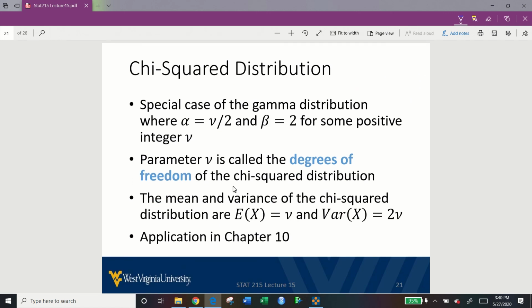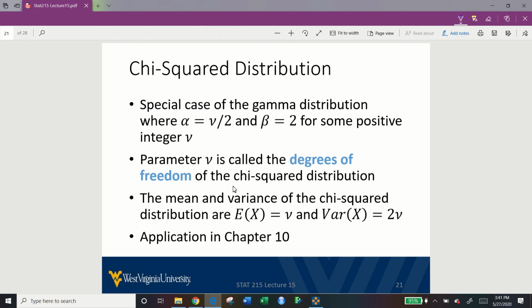The chi-square distribution is actually a special case of our gamma distribution where alpha equals v over 2 and beta equals 2 for some positive integer v. Our parameter v is called the degrees of freedom of our chi-square distribution. For the mean and the variance of the chi-square distribution, our mean is equivalent to v and our variance is equivalent to 2v.